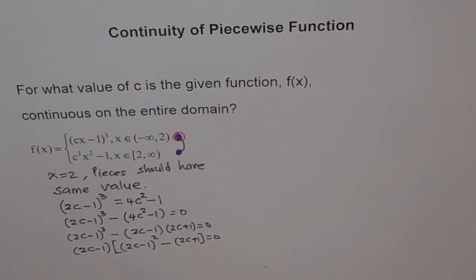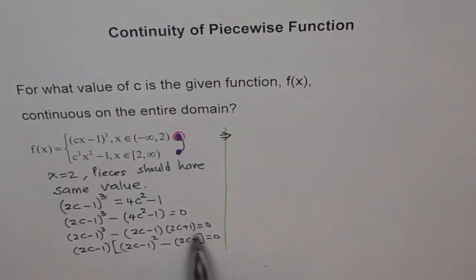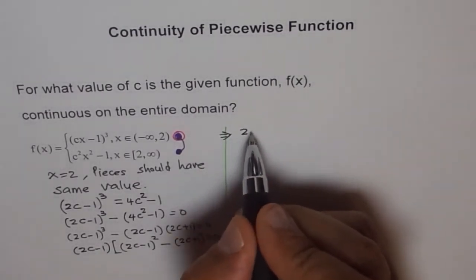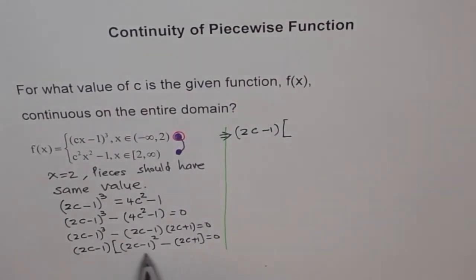But I think we'll have to simplify the center part also and see what we get. So from here we copy this and expand and simplify the center portion. We are left with 2c − 1, and within the bracket I'm expanding this, so it is like (a − b)², right?